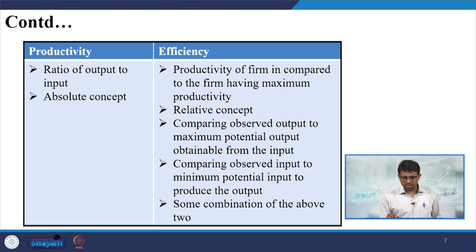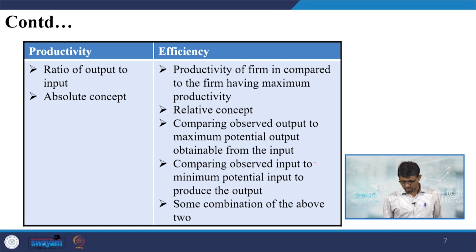Productivity of a firm is compared to the firm having maximum productivity. In the case of efficiency, we compare observed output to the maximum potential output obtainable from the input, and also compare observed input to the minimum potential input to produce the output.